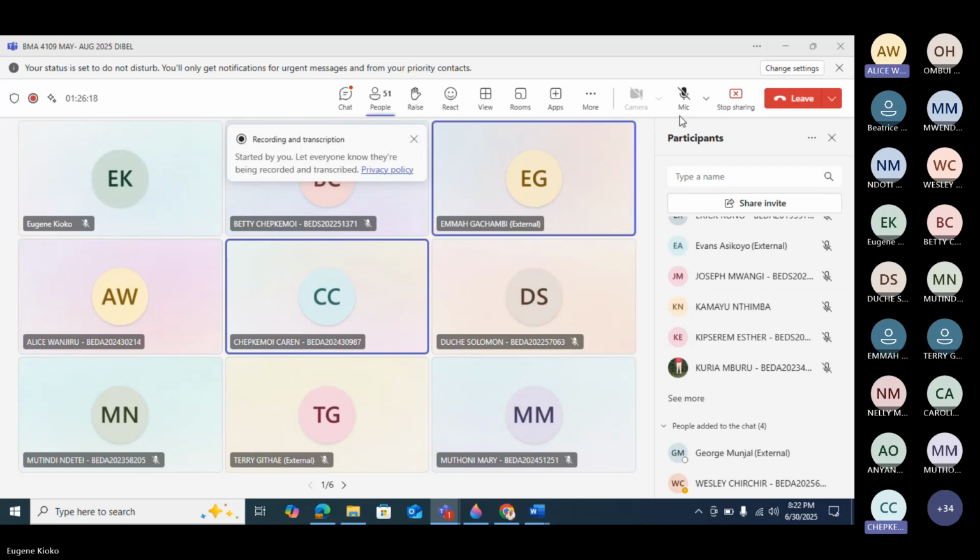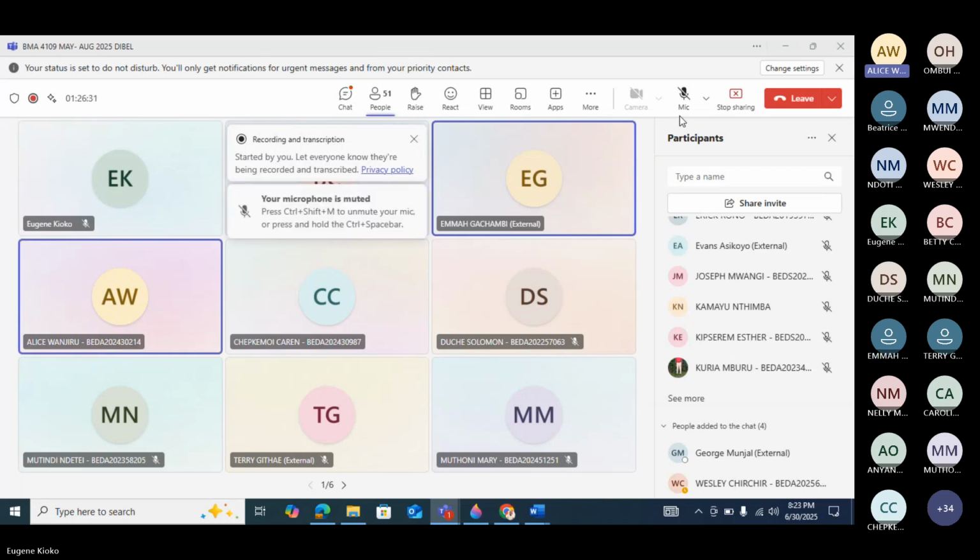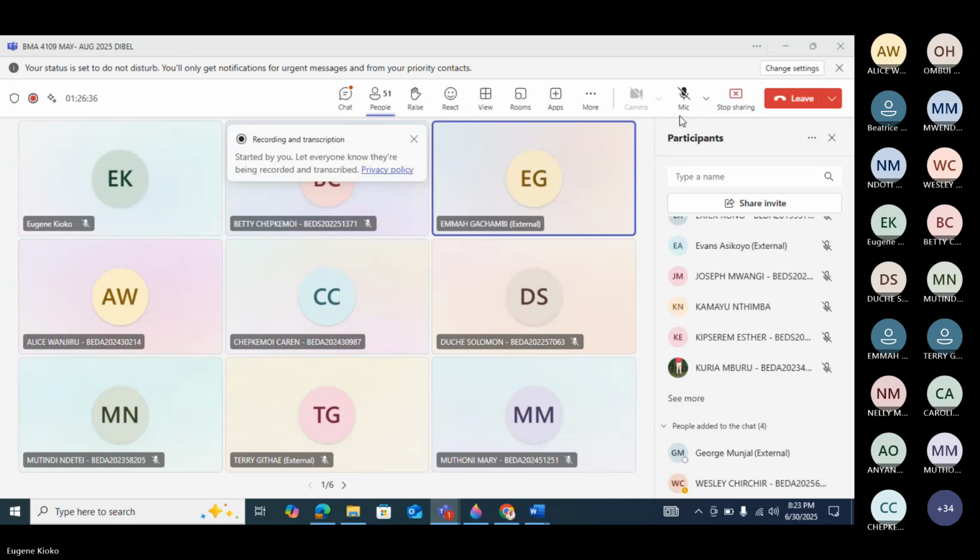Napotea. Umeipata? Ndio unarudi sasa. Hebu sema hapo. So tumesema uko na y is equal to 3x minus 1. Network ndio inapotea ama nini?